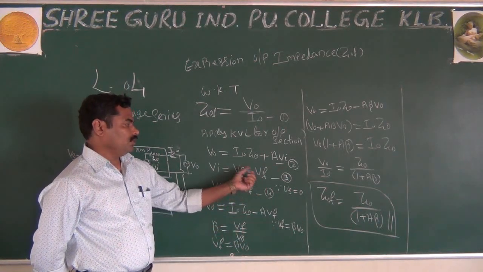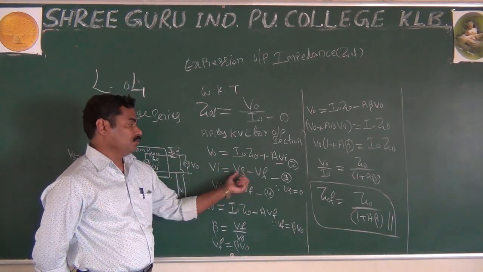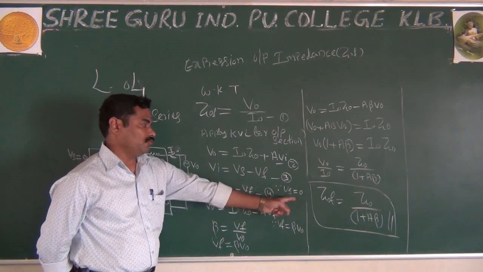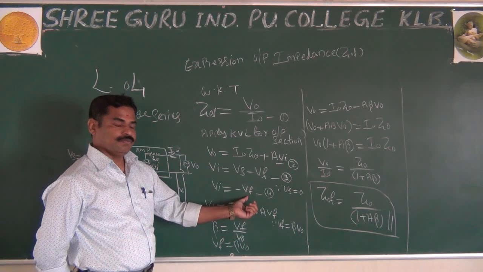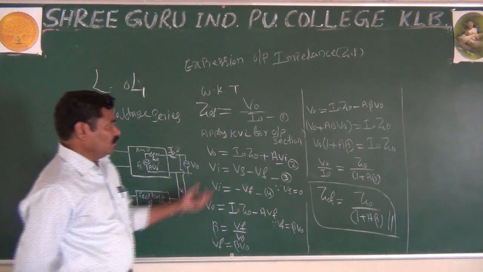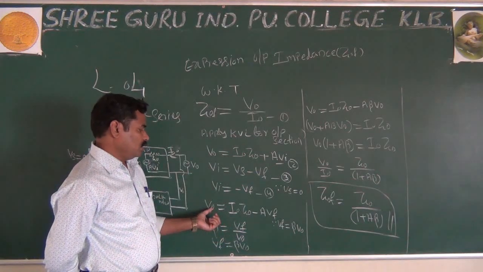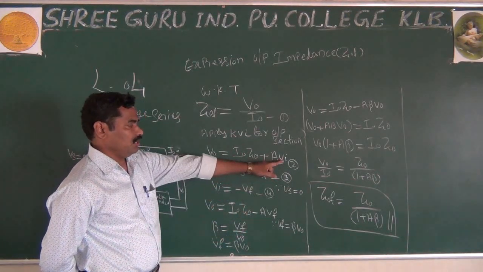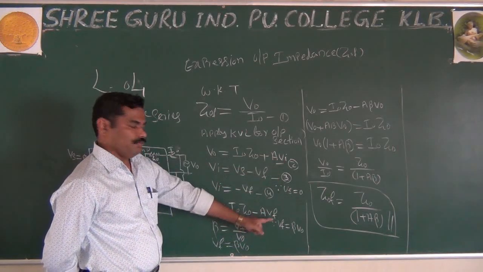When finding output impedance, Vs is 0, so Vi is equal to minus Vf. Then you take the same equation, V naught equals I naught Z naught, and in place of Vi you write Vf.